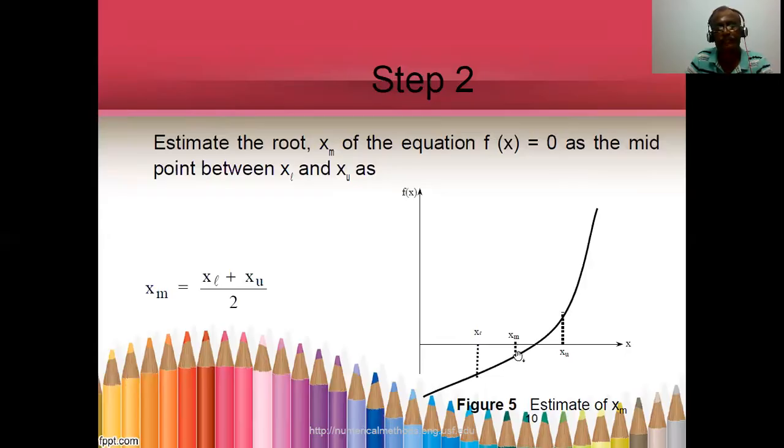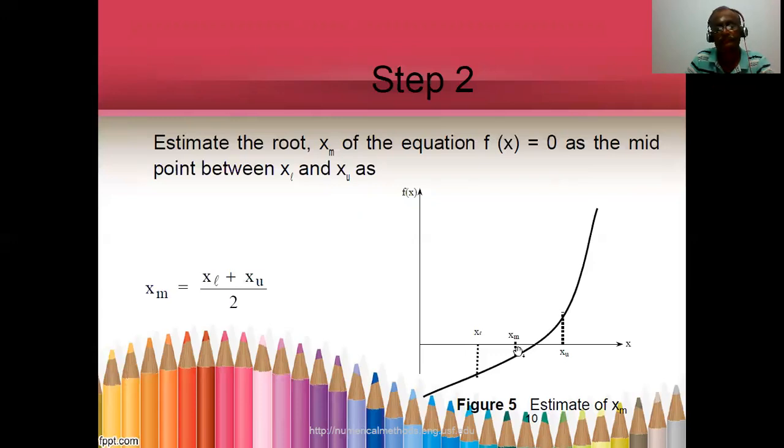Now we find that f of xm is negative and f of xu is positive. So the root lies between xm and xu only, not between xl and xm. So we omit this interval. Every time we divide the interval into half and omit one half of the interval.